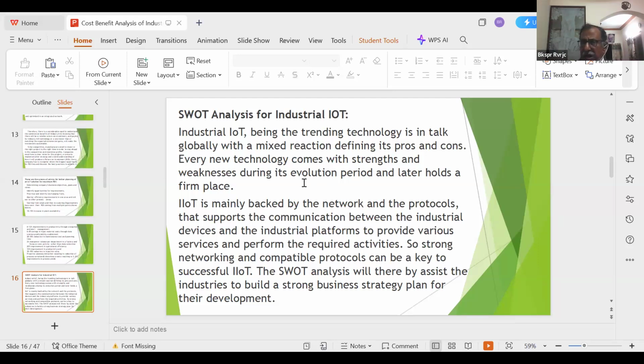IIoT, industrial IoT, is mainly backed by the network and the protocols that support the communication between the industrial devices and the industrial platforms to provide various services and perform the required activities.